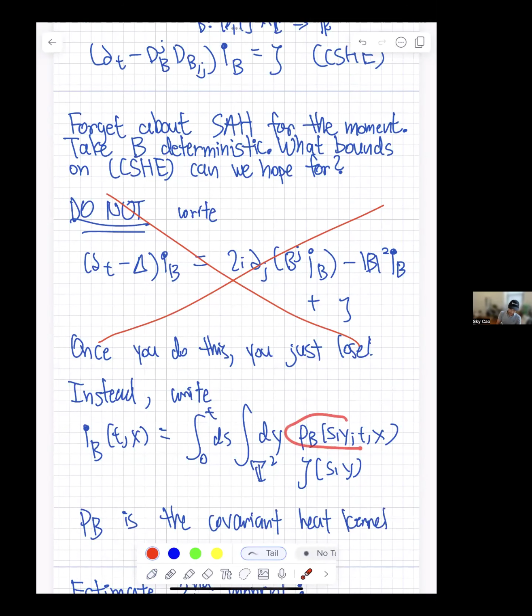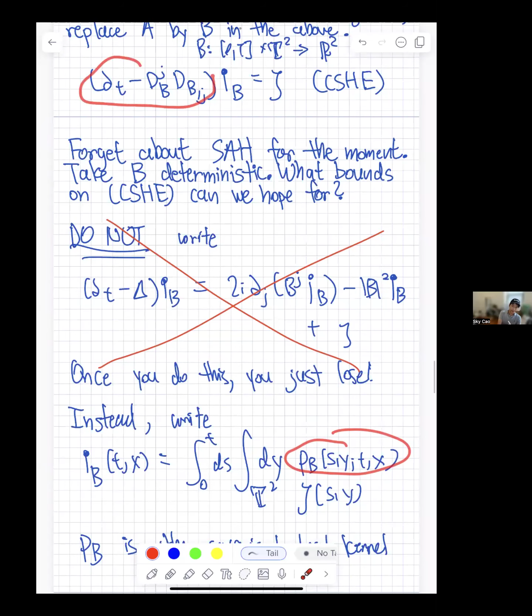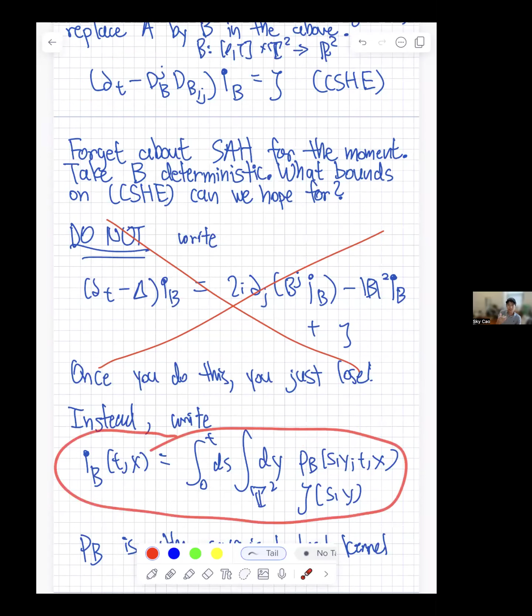It's basically the integral kernel for this operator, or the inverse of this operator. This is just the general formula for solutions of linear equations: assuming the kernel exists, you can always write it in this form, assuming zeta is smooth.